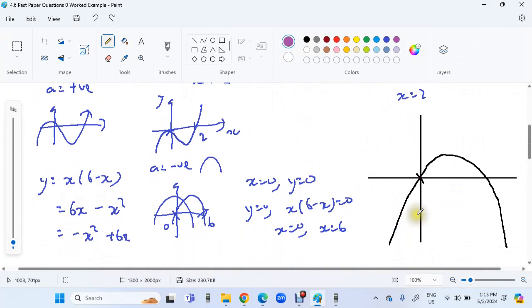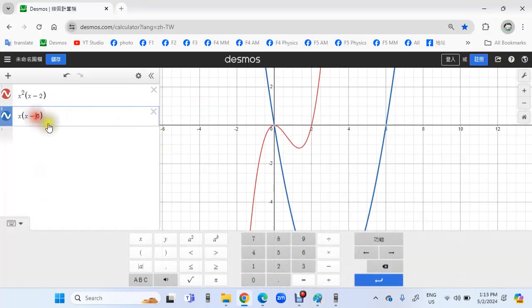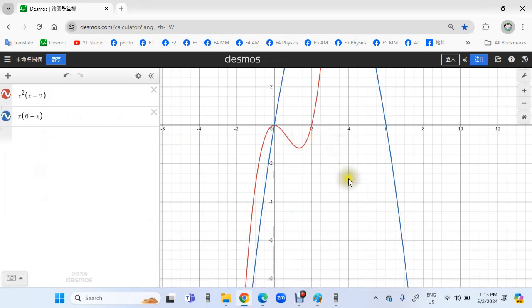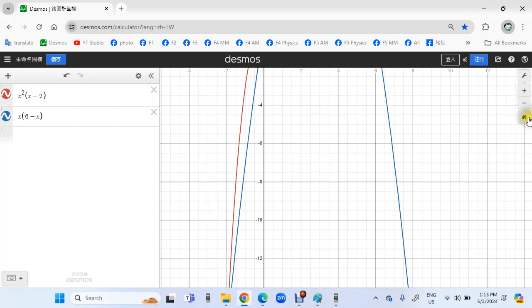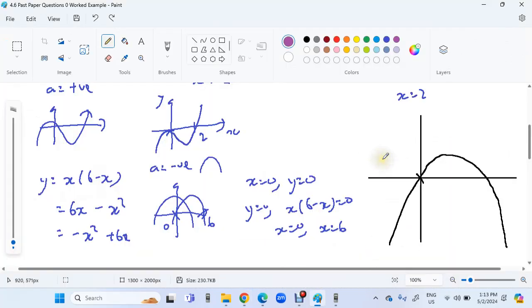So this is concave down. This is 6 minus x here. So this is how the graph looks like.